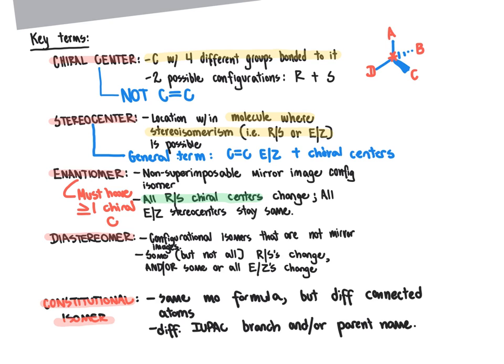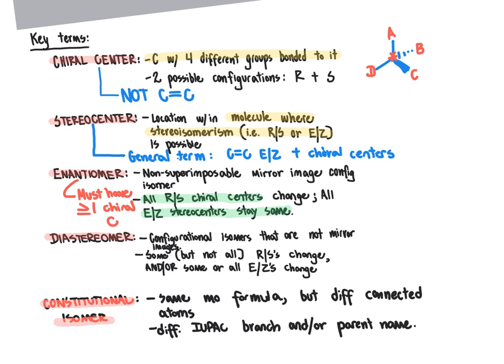All the wedges have become dashes, all the dashes have become wedges. On the other hand, all of the EZ stereocenters, all of the configurations of the alkene groups will stay the same. So don't change the configuration of the alkene groups if you're making an enantiomer. If you change the configuration of the alkene group, you're no longer going to have a mirror image.